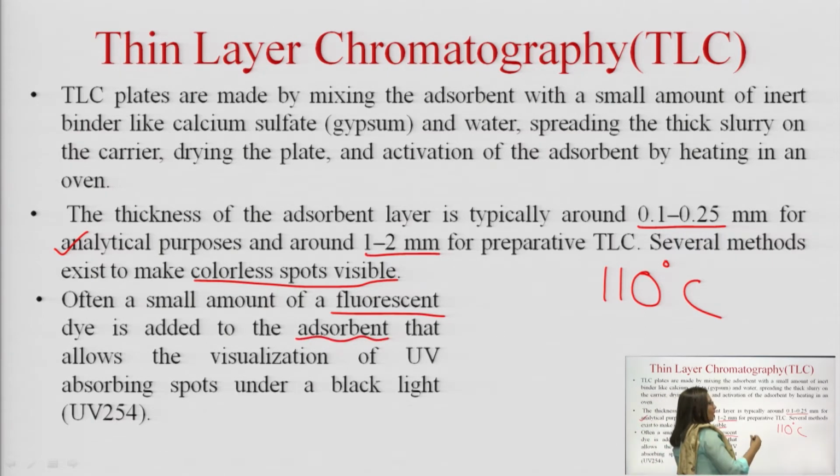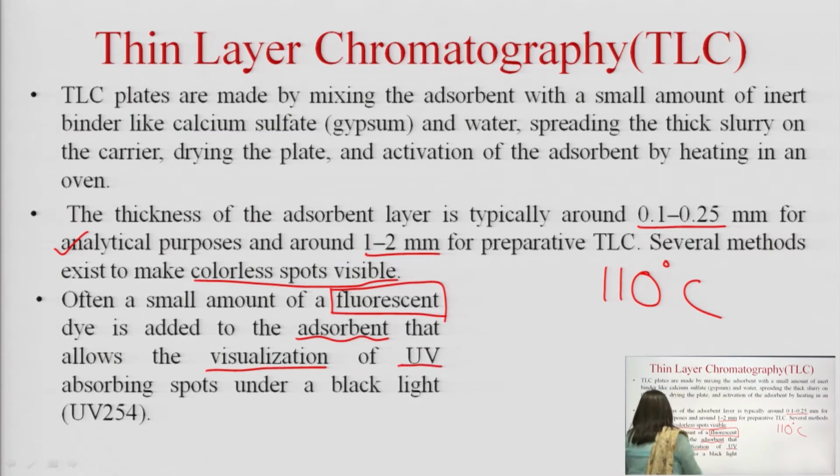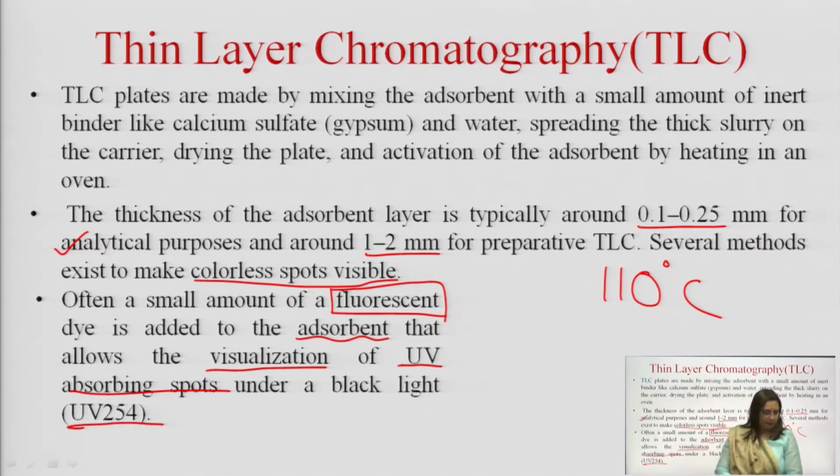That means at the time of preparation of the slurry of silica, along with the binder gypsum, another fluorescent dye is added, which in turn gets adsorbed to the silica, giving it the ability to fluoresce at a particular wavelength, and this allows the visualization of UV absorbing spots under light at a wavelength of 254 nm.